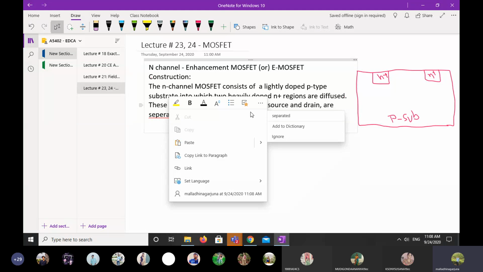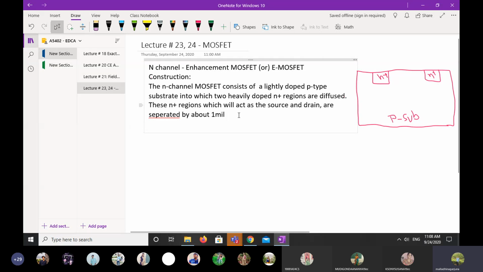So these two terminals we name as the source and the drain. Two N plus regions are diffused in the P substrate, and those two are the source and drain. The distance between the source and drain is 1 mil.